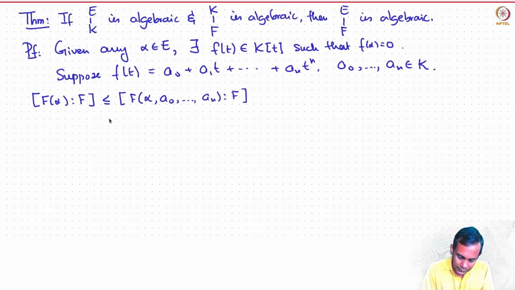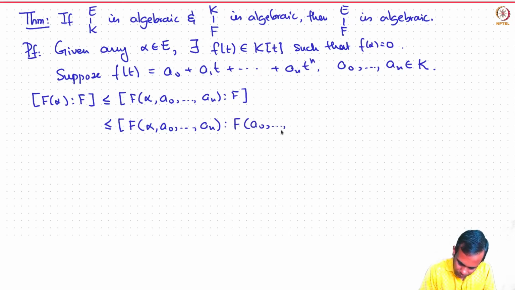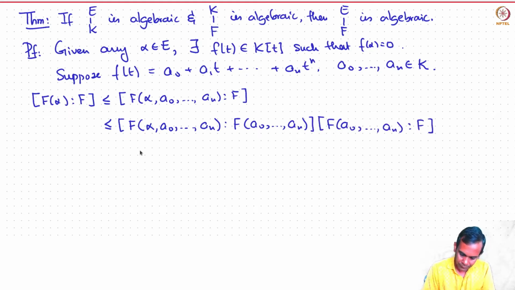But this is equal to the degree of F alpha a0 ... an over F a0 ... an times the degree of F a0 ... an over F. Now the first factor is definitely less than or equal to n, just because alpha satisfies a polynomial of degree n with coefficients in this field.